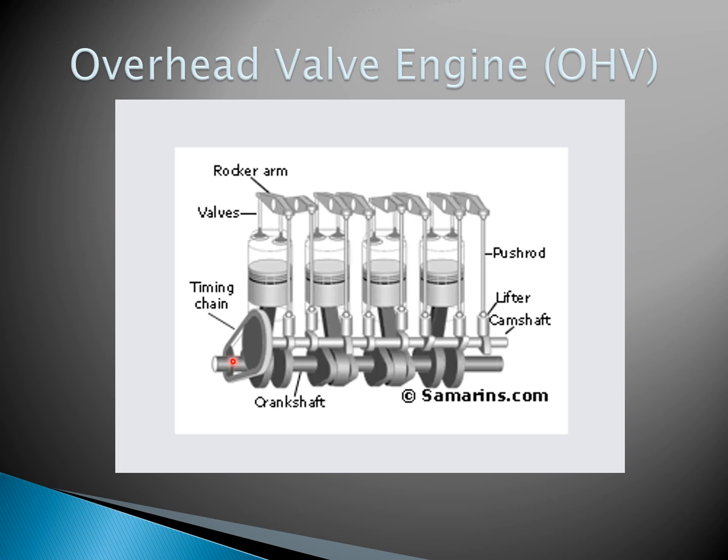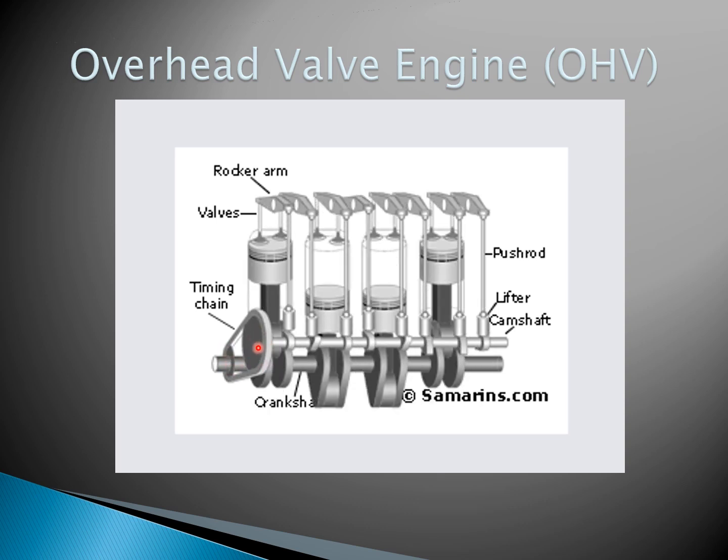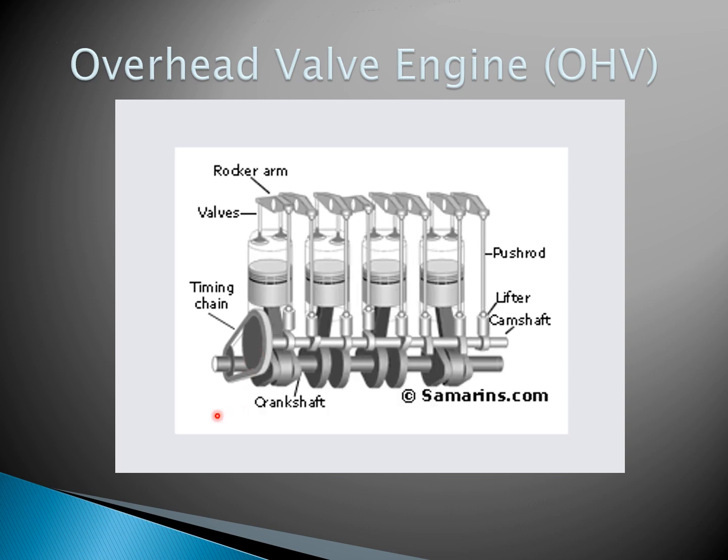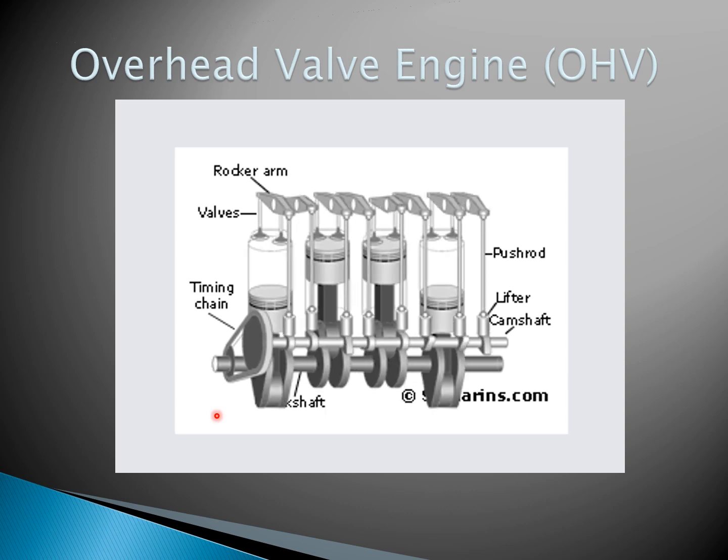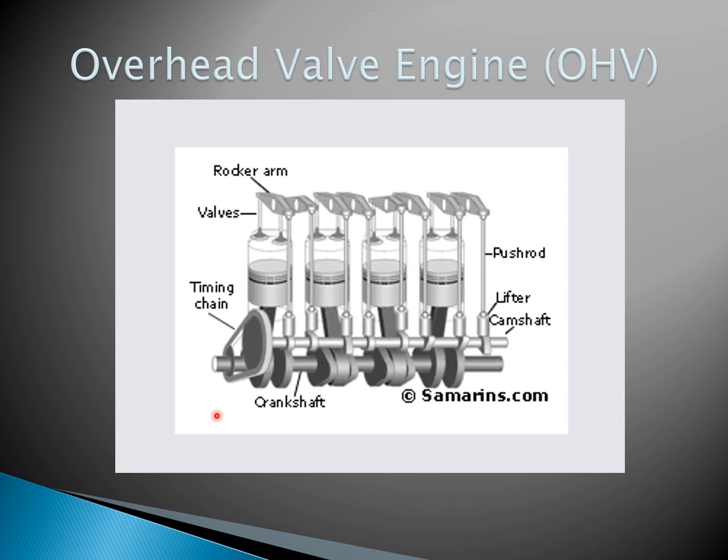Notice again, the crankshaft sprocket is smaller than the camshaft sprocket, and that's because the camshaft is going to turn at half the speed of the crankshaft. So if the crankshaft turns 10 times, that camshaft is only going to have turned 5 times.